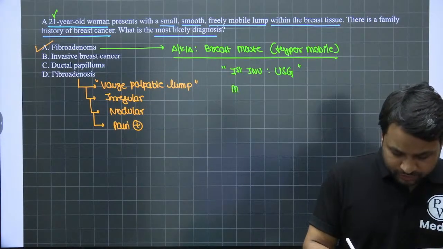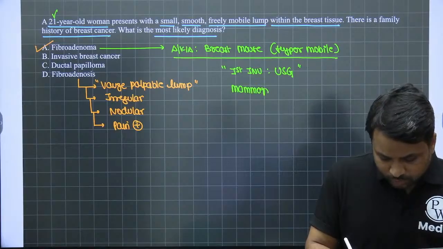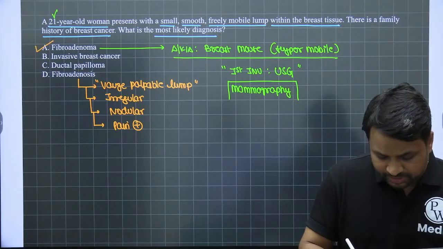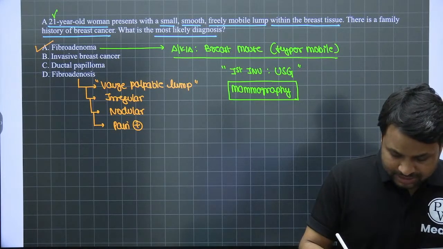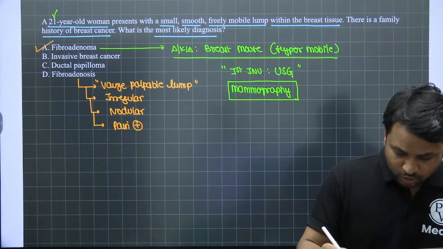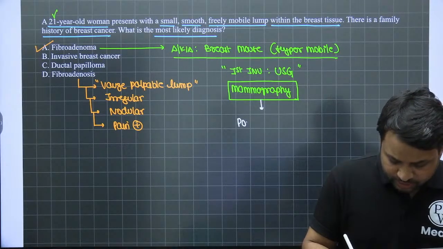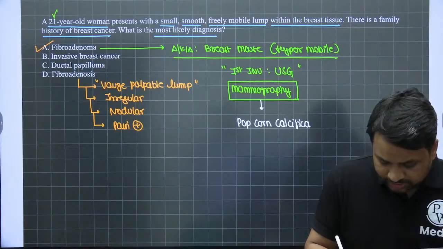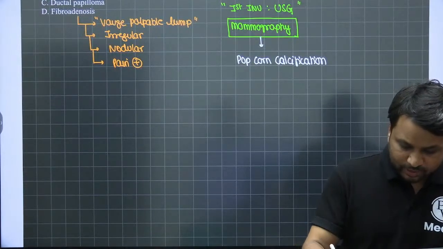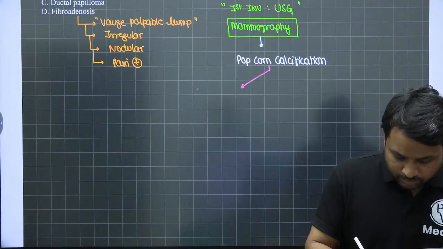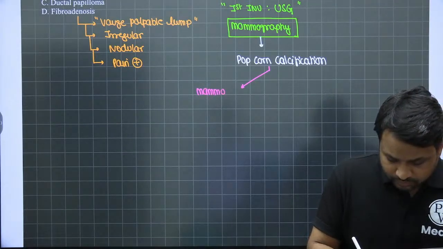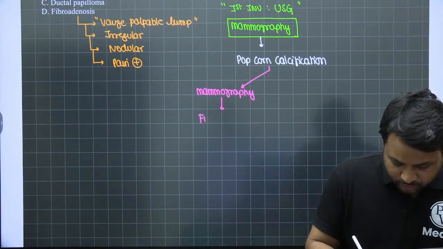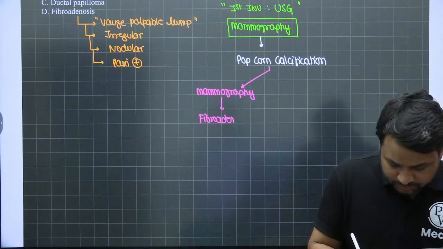When you do a mammography in a fibroadenoma, and that too in age above 40 years, that means it has been there for a longer duration of time, you will see there will be presence of popcorn calcification. Here's the thing: if there is a popcorn calcification on mammography, then the answer is going to be fibroadenoma of breast.